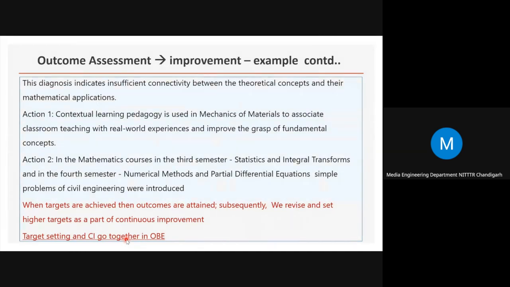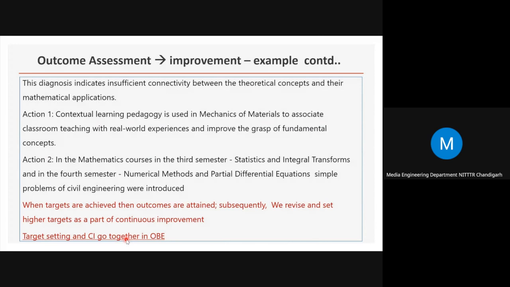This can be done at the curriculum level or during the teaching learning process. So they included some problems of civil engineering so that those subjects are easily understood by the civil engineering students, right? Such kinds of actions we need to identify, and we need to take these actions on the upcoming batches so that next time such a scenario does not happen, right?